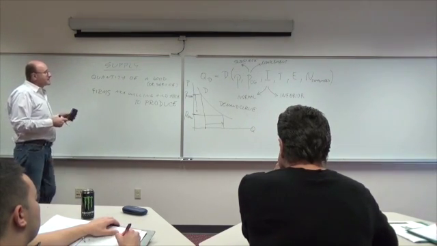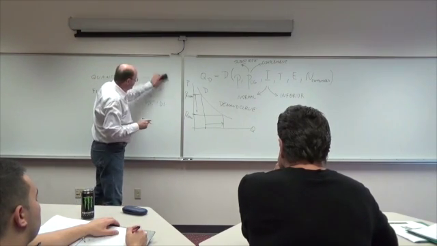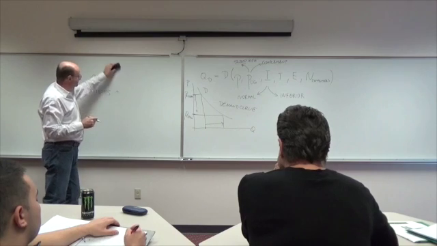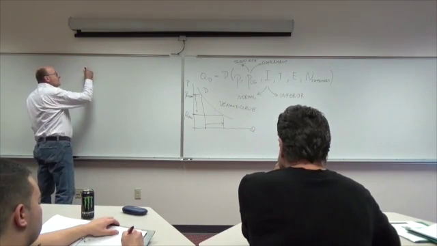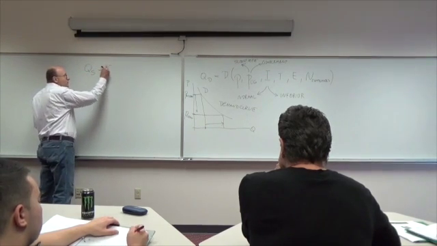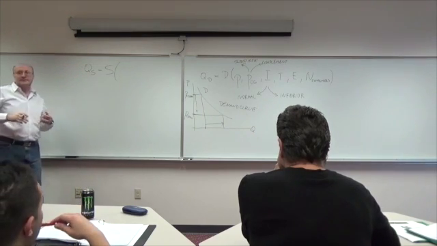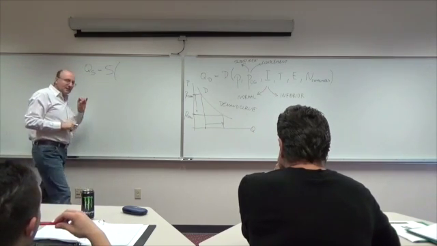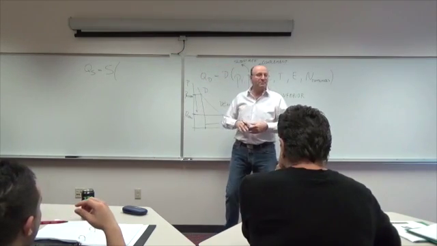Now, let's capture factors that determine supply. What does quantity supplied depend on? Well, it is a supply function of a bunch of things. Like what? What do you think quantity of a good firms are willing and able to produce depends on?